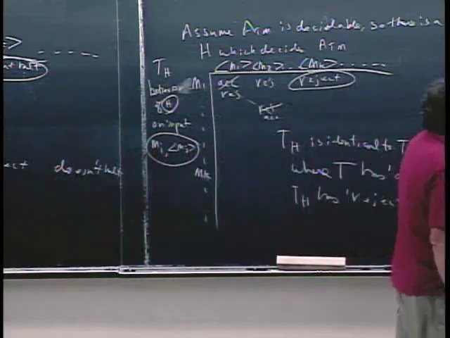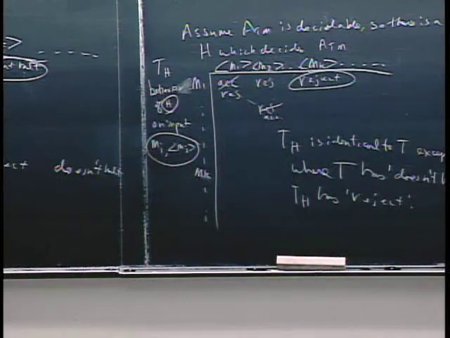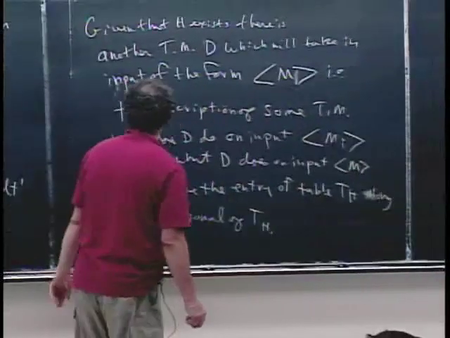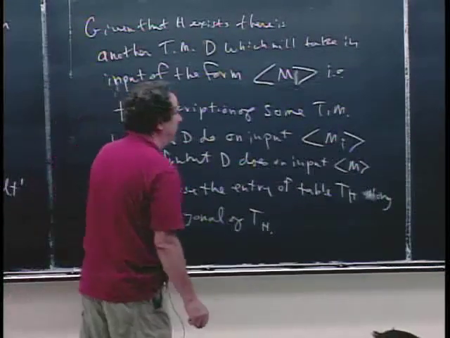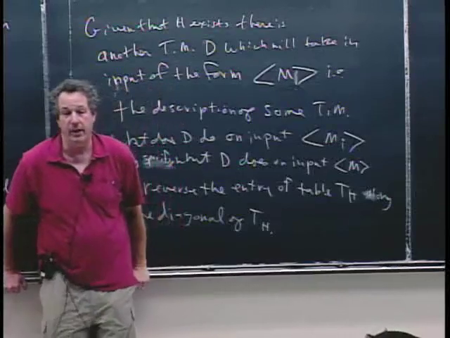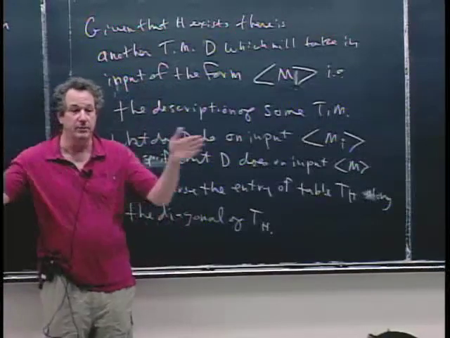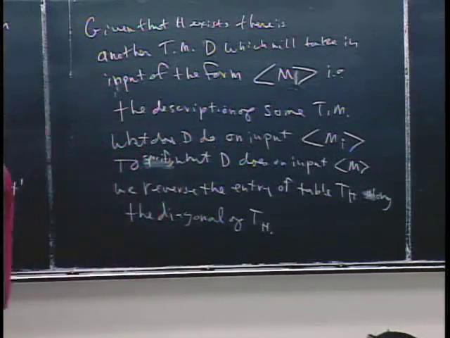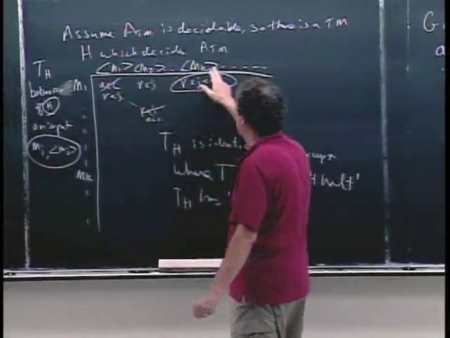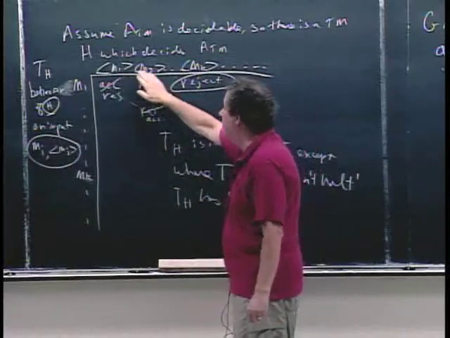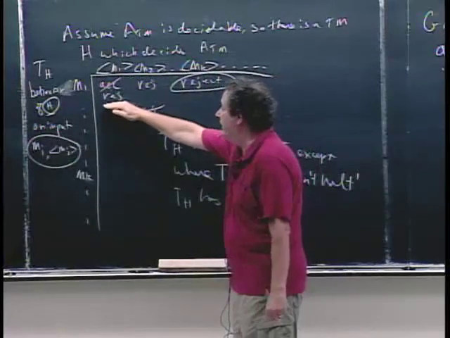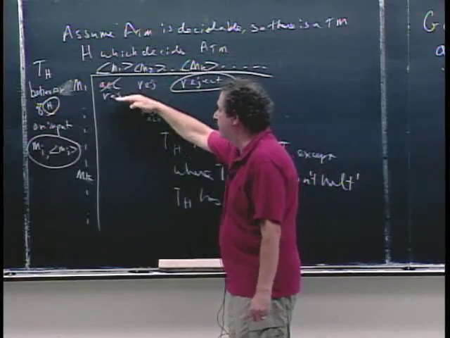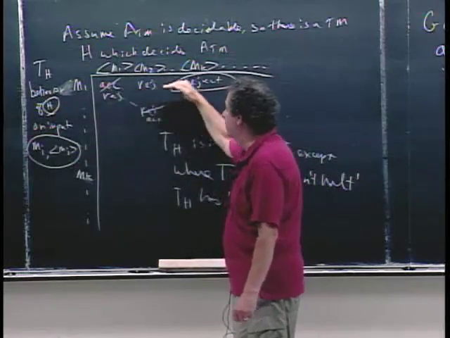But D only gets the description of a machine. Okay? So D's table, if I wanted to write out a table for the behavior of D, that's just one-dimensional. It's not two-dimensional anymore. Okay? It would be one-dimensional. It would be all of these, okay, and then whatever value was along the diagonal here, but reversed, would be put up there.